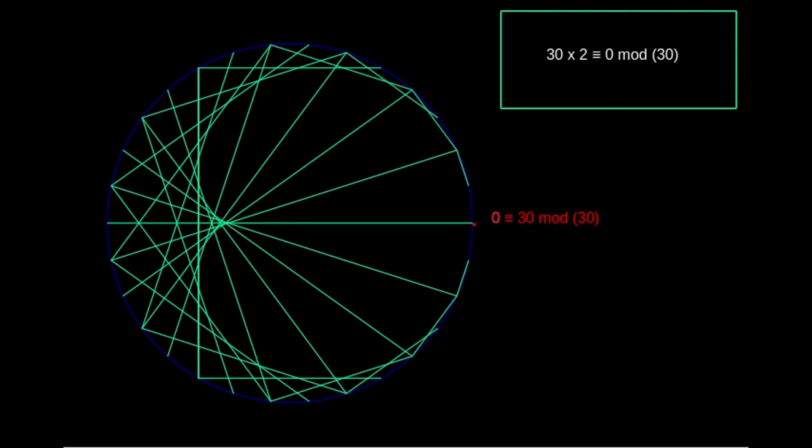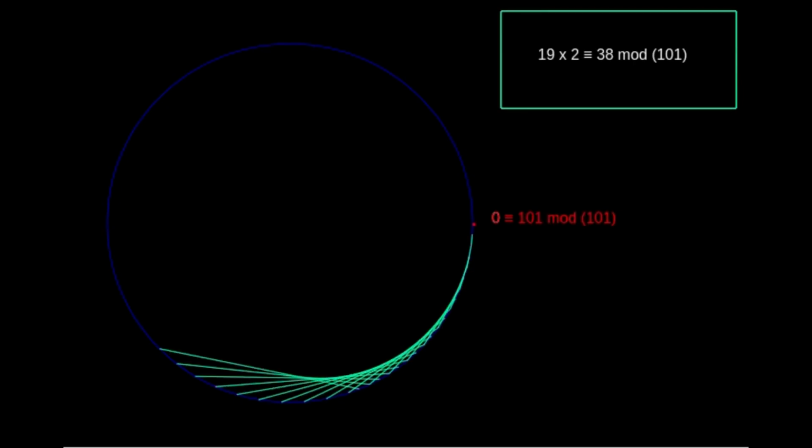And probably this pattern will be even more clear if we do the multiplication table of 2 modulo some big number. So let's pick maybe 101. So let's do that. And this time I'll simply animate it.